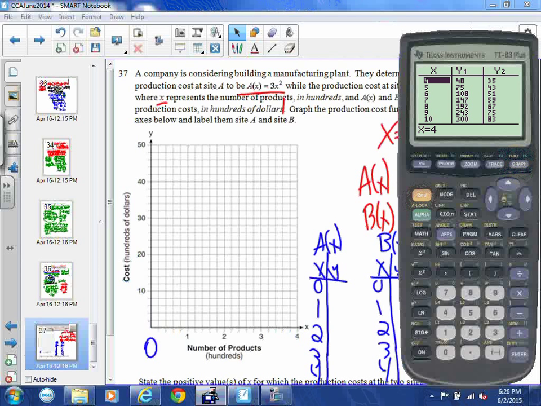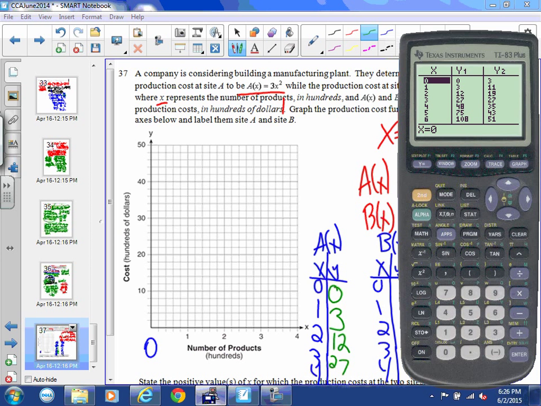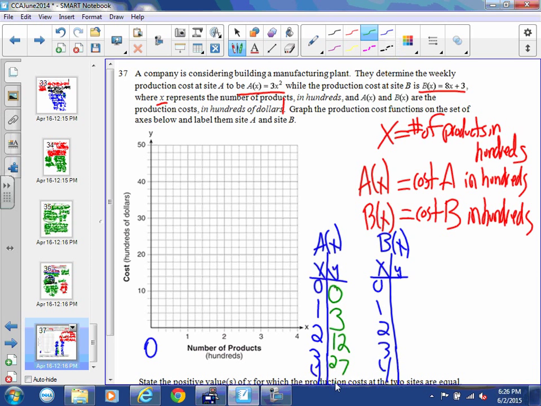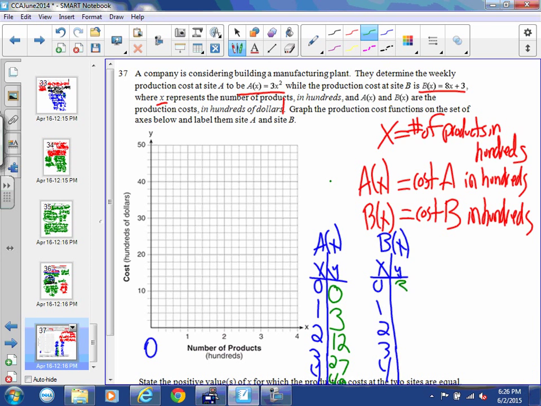So the first one is 0, 3, 12, 27, and 48. Sorry, that's a little messy. For the other one, I have 3, 11, 19, 27, 35.